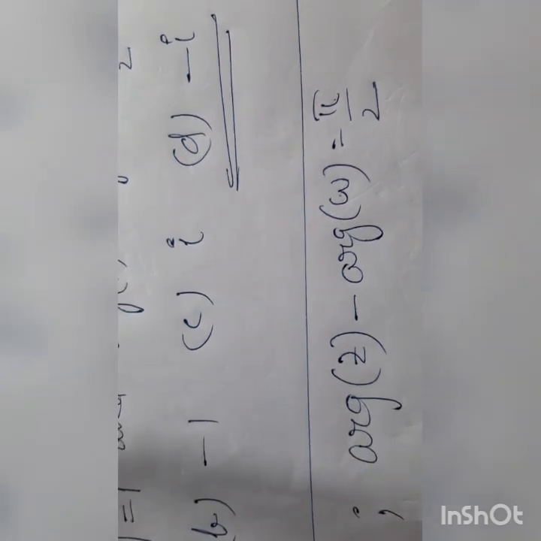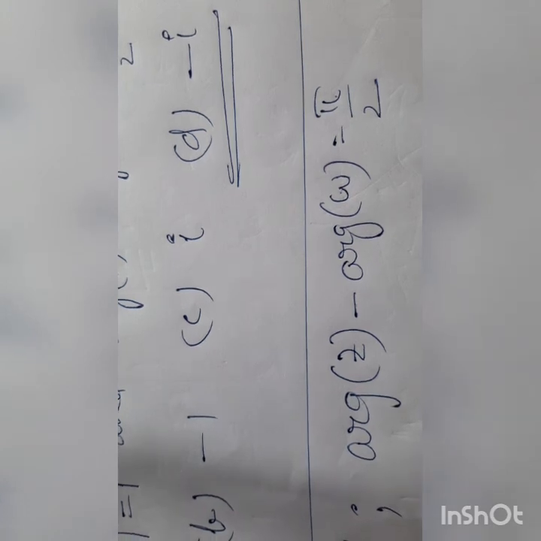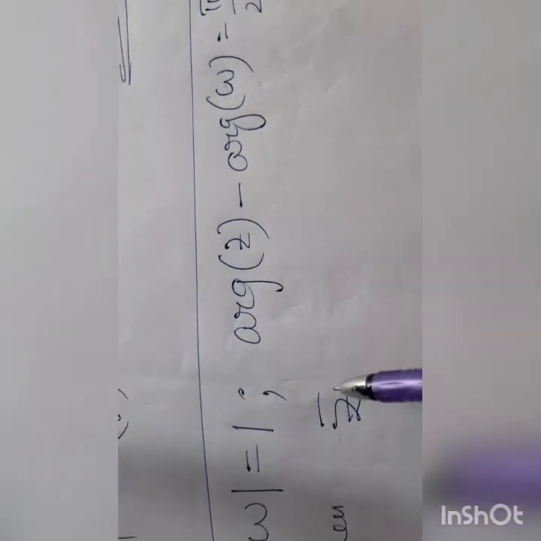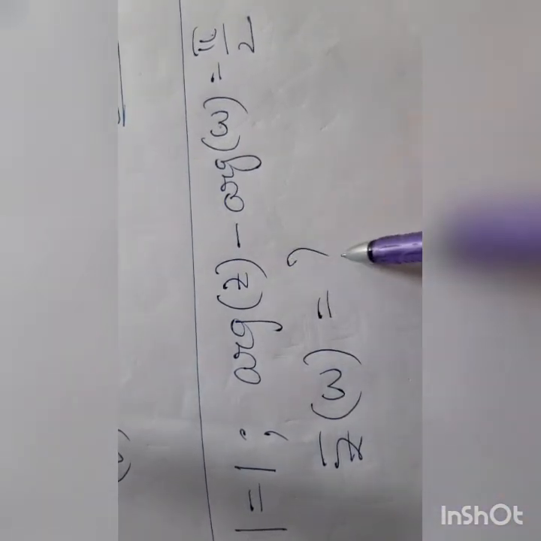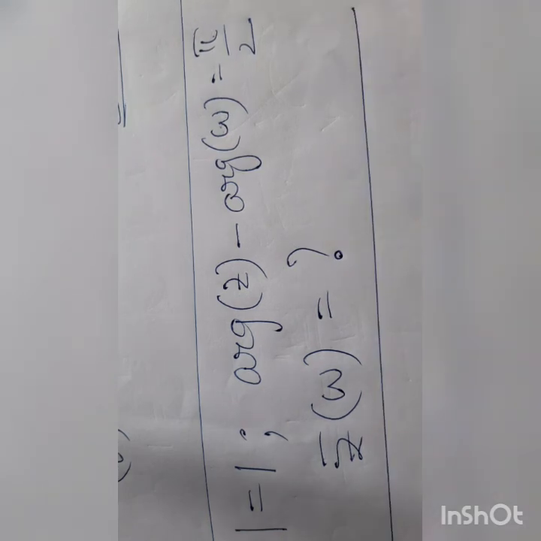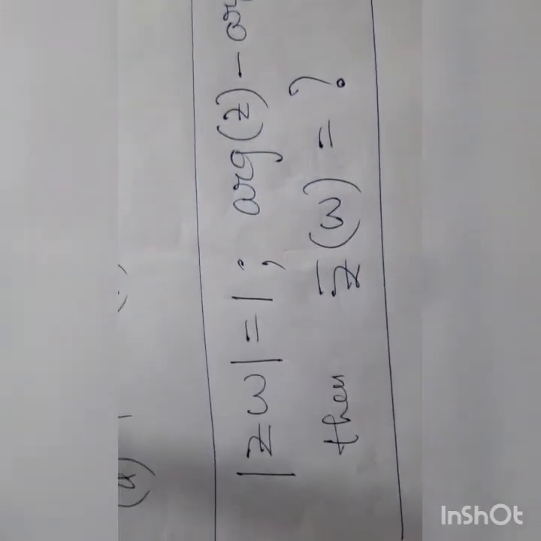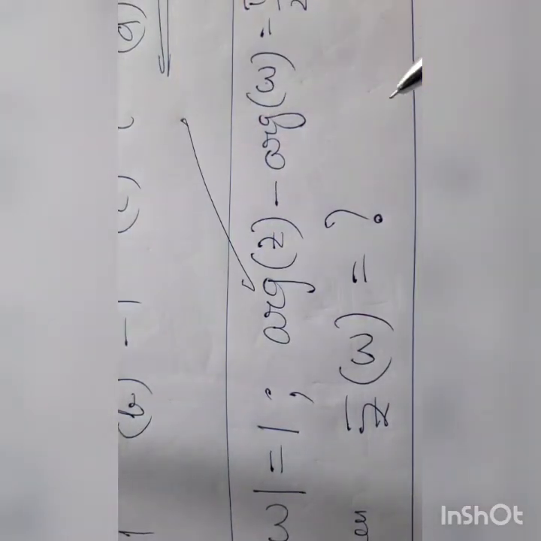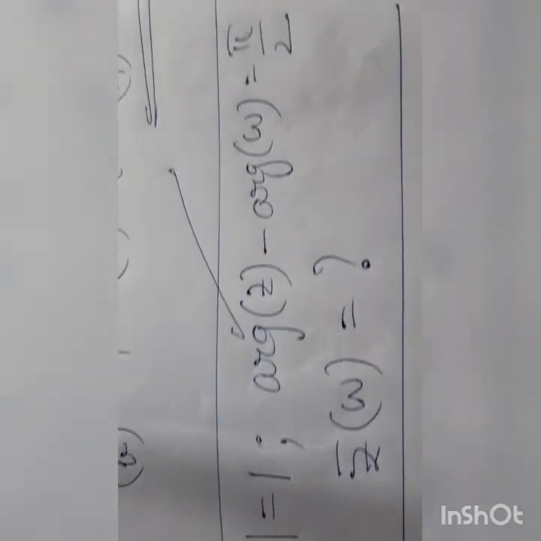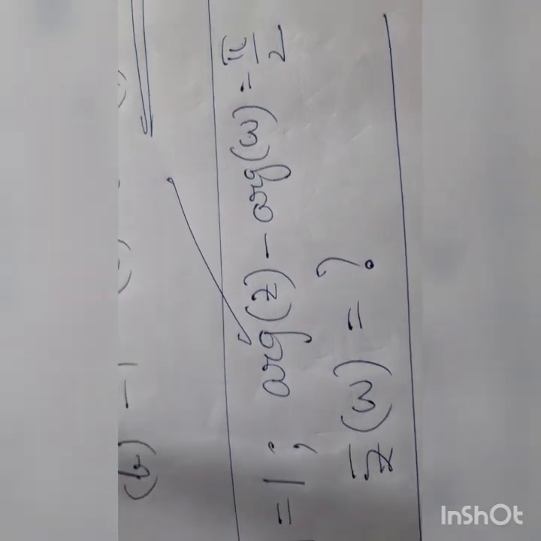Then Z bar omega equals how much? That is the question. These are the conditions given. This is one condition and this is another condition. These are the two conditions given.